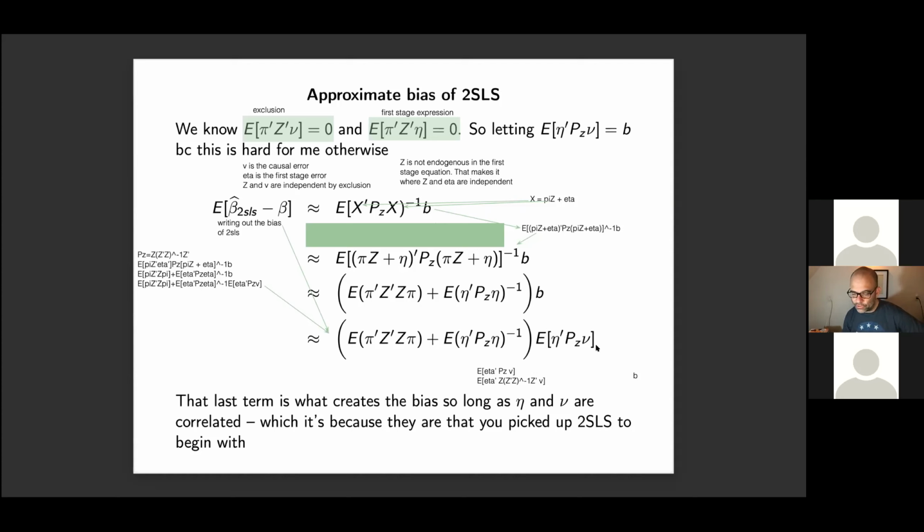This does not go to 0 since they are correlated. And you know that these two are correlated. You know that eta, the first stage, the X term, and the structural error, you know they're correlated, right? So why does Scott say V and eta are correlated?